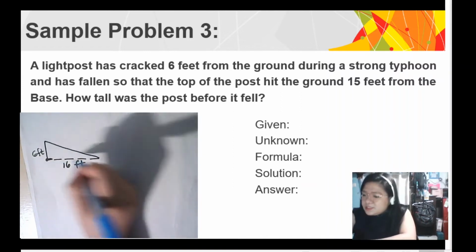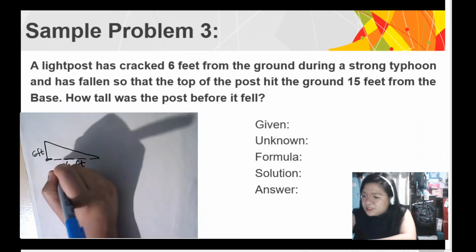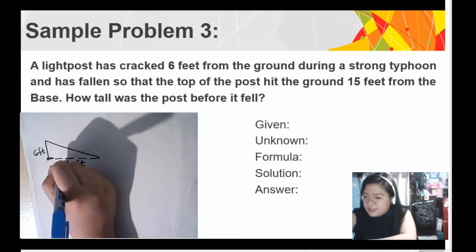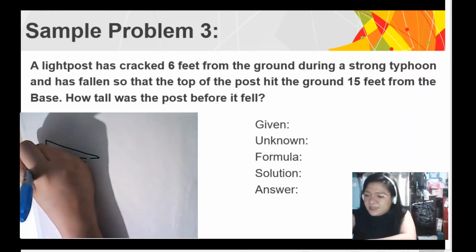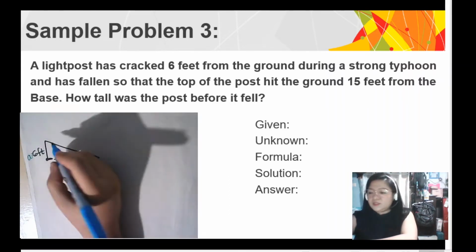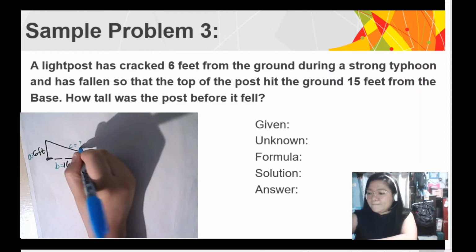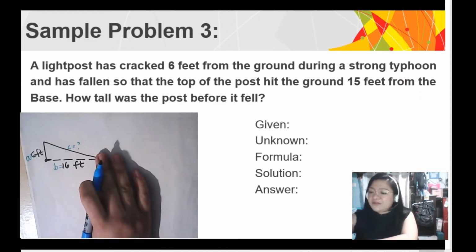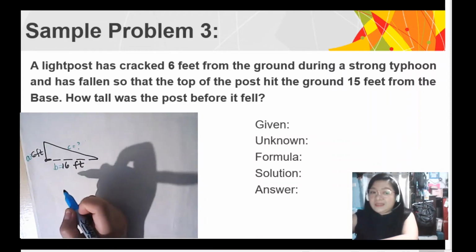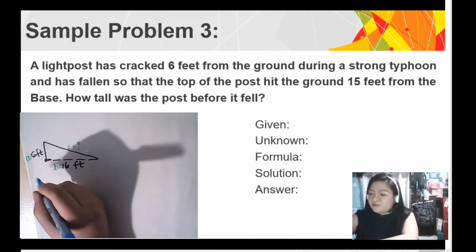So since this is the horizontal distance, let us name this as B, and this is our vertical distance, so we will name it as A. So our unknown is C. But after finding C, we still have to find the length of the post. So our real unknown is the length of the post.